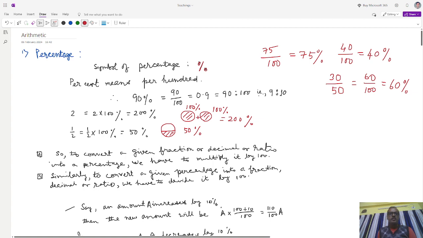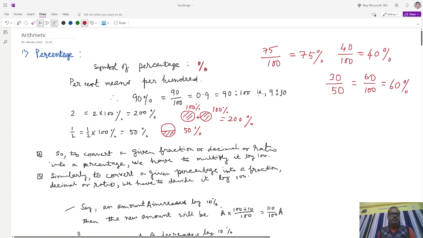Okay. This is the reverse of one another. If we multiply a number by 100, then we get the percentage of the number. If we divide the percentage by 100, then we get the number. Okay.